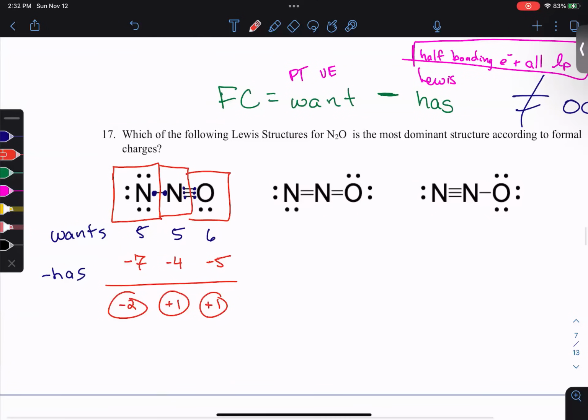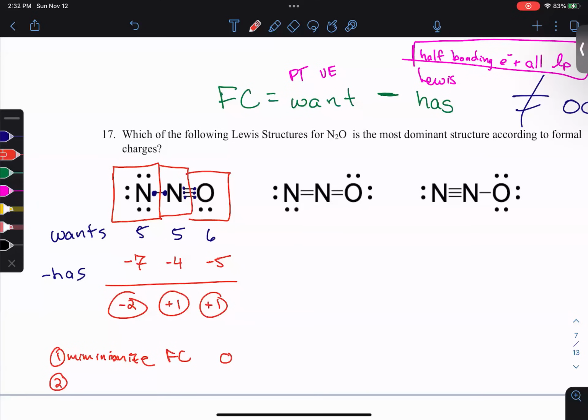So when trying to find the most correct Lewis structure, what we want to do is first minimize formal charges, where 0 is the preferred formal charge. But sometimes we have to have a formal charge on a molecule because sometimes there's a charge on the atom or a charge on the entire particle. So there has to be at least one non-zero formal charge.